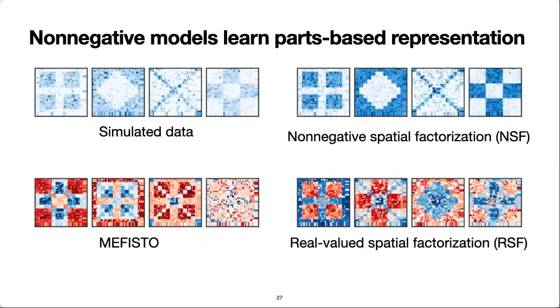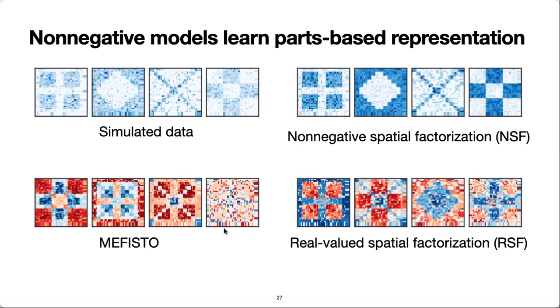So here's a simulation where we know the ground truth. We draw some genes from 4 canonical patterns that have a spatial arrangement. And then we use a negative binomial draw to just create some noise and make it a little bit of a challenge to infer.